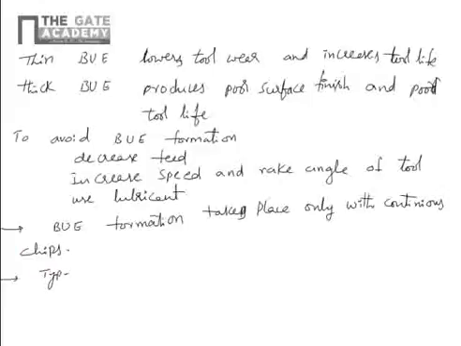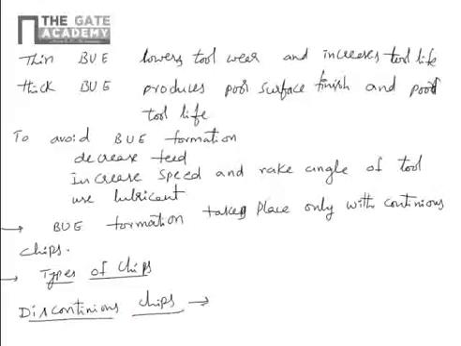Types of chips. One is discontinuous chips. Discontinuous chips are produced with brittle materials. First point: these are produced with brittle materials.